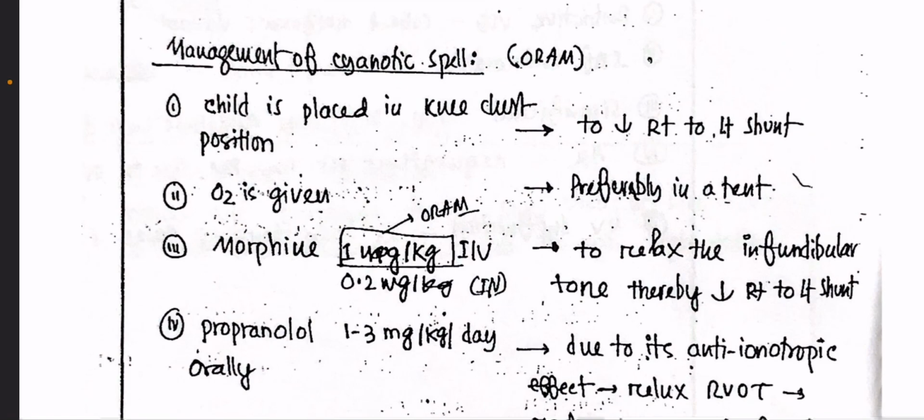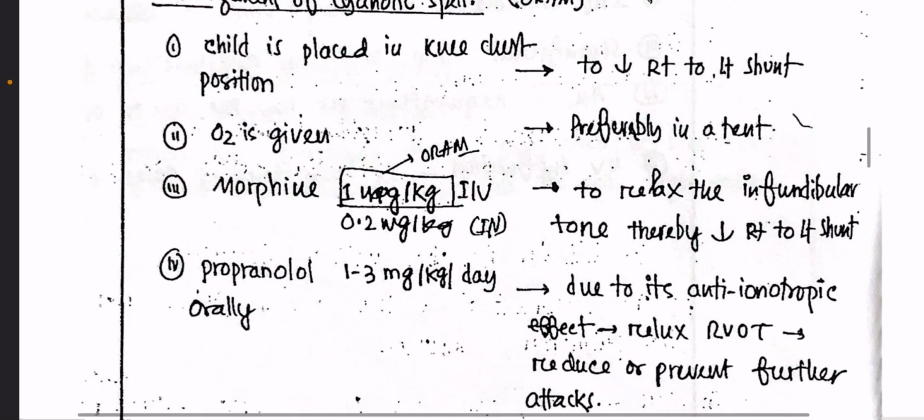The dose is 0.1 to 0.2 mg per kg to relax the infundibular tone, thereby reducing right to left shunt.